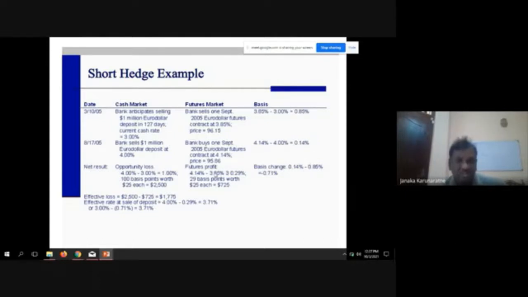My futures profit is 4.14 minus 3.85, 0.29. That is 29 basis points. So how much do I save here? 29 into 25, that is 725. Opportunity loss is 2,500 in the cash market. Opportunity gain in the futures market is 725.